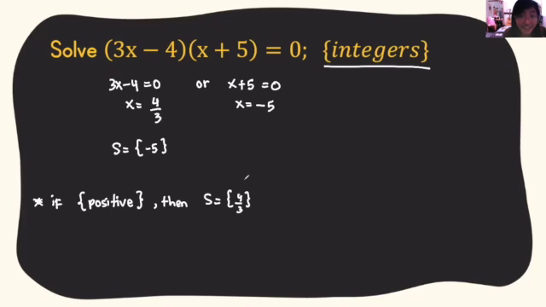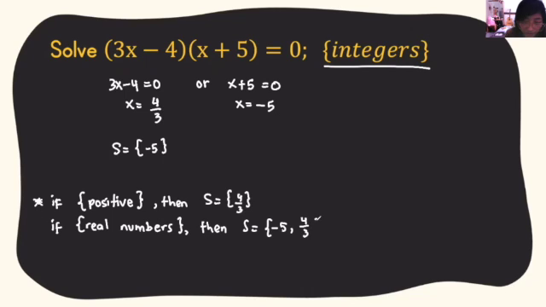But if nothing is stated there, it means the domain is real numbers. So both answers can be the solution, both negative 5 and 4 over 3. So that's talking about the domain of the solution. Domain, this is how you spell domain.